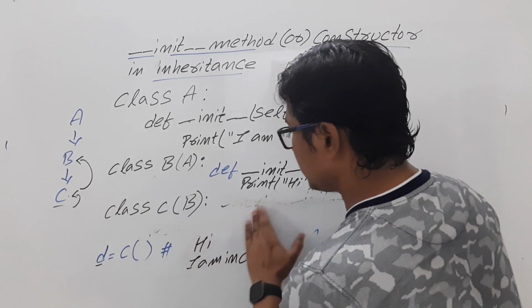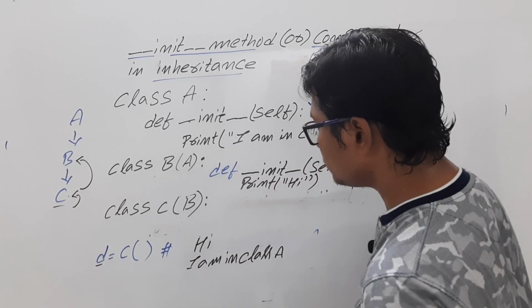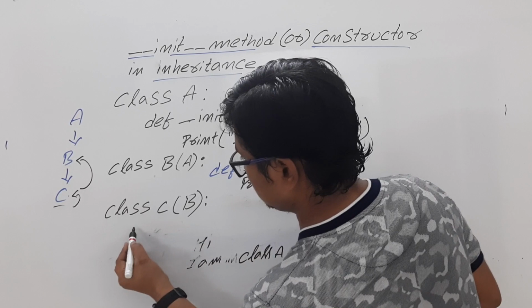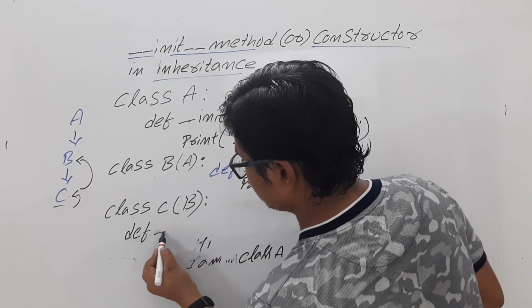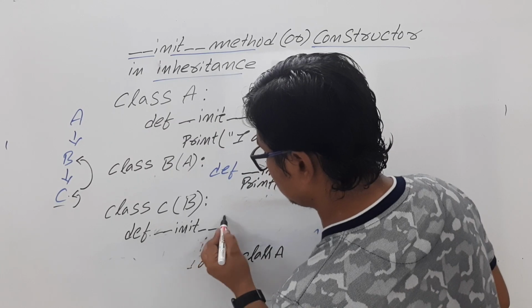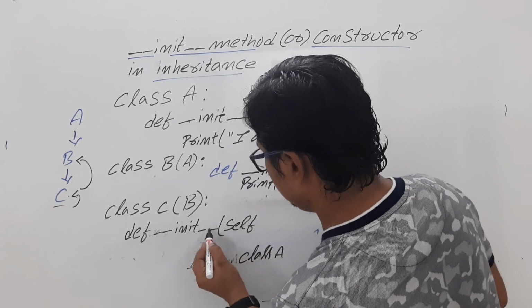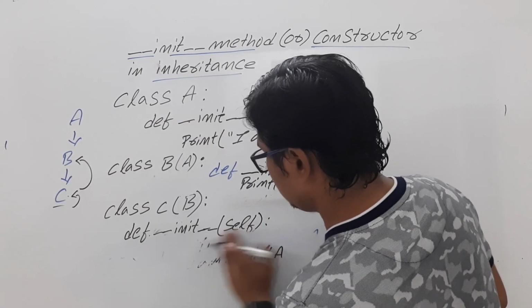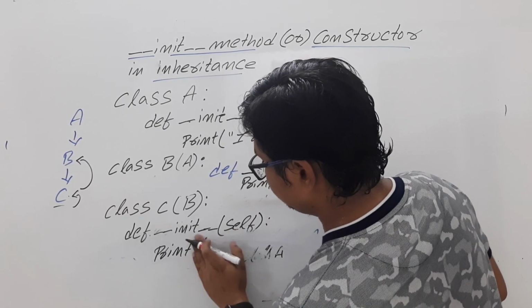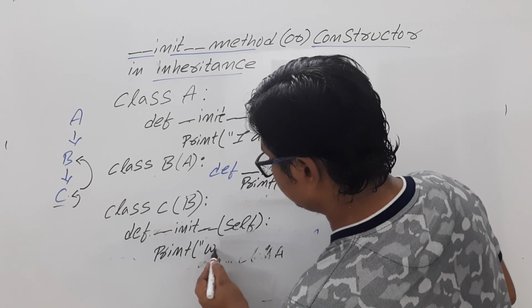For better understanding, let me write it for you. You have defined underscore underscore init, self, and let's take that you have print welcome.